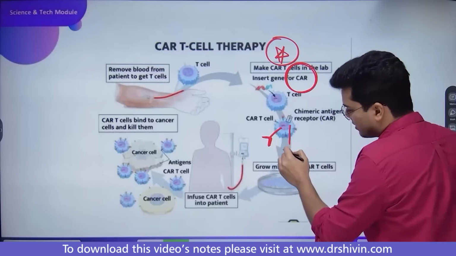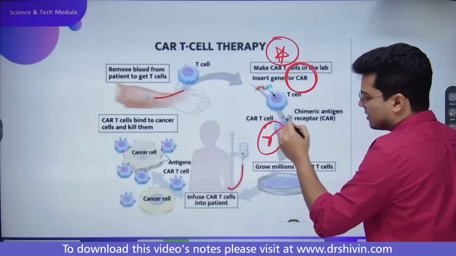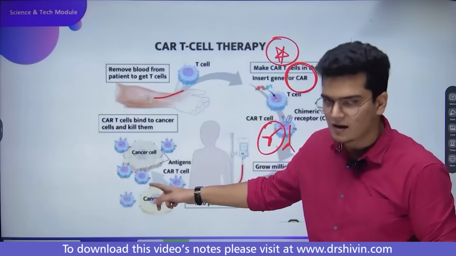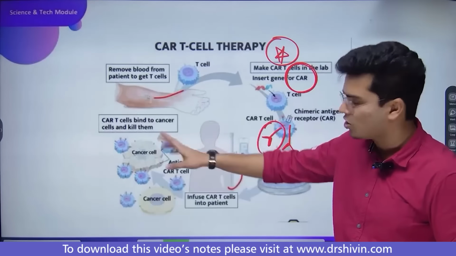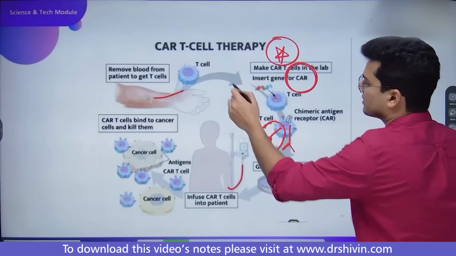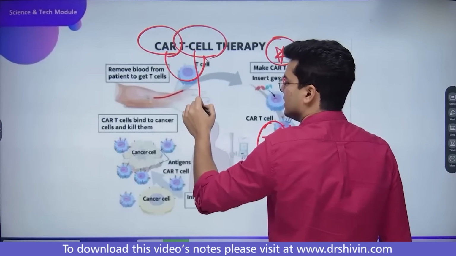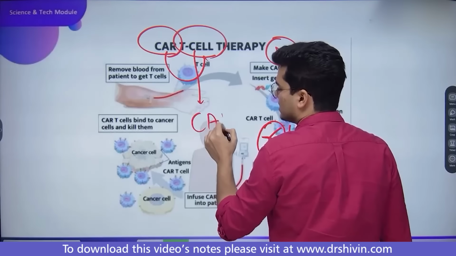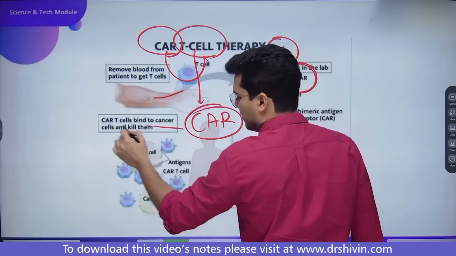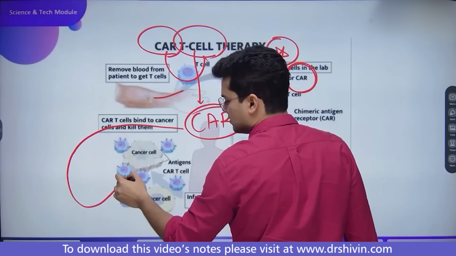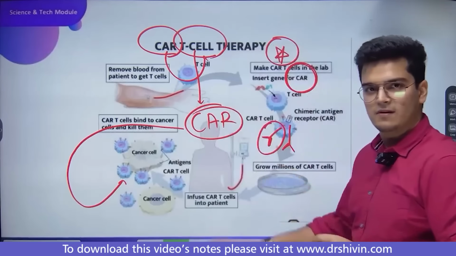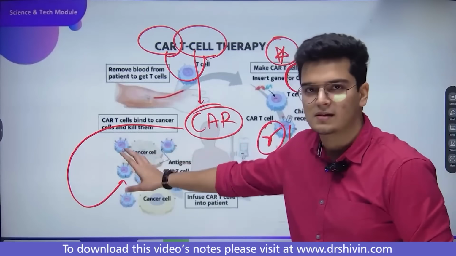It will generate a new protein that will allow it to specifically recognize cancer cells and not normal cells. Now this chimeric antigen receptor infused T cell, with this new CAR gene, when it comes and hits a cancer cell, it will be able to say that I want to kill this cell.